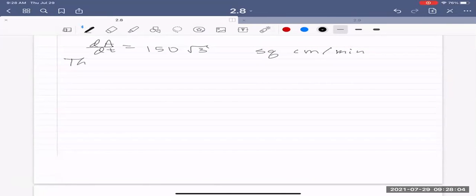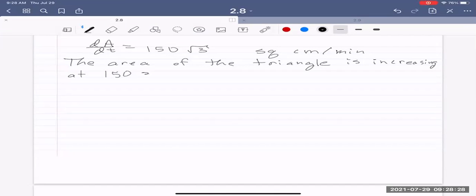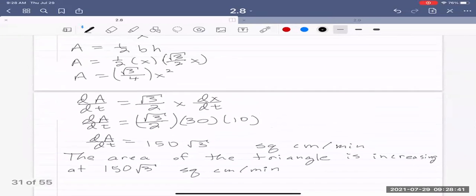The area of this equilateral triangle is increasing at 150 root 3 square centimeters per minute. Any questions about that? Okay, then.